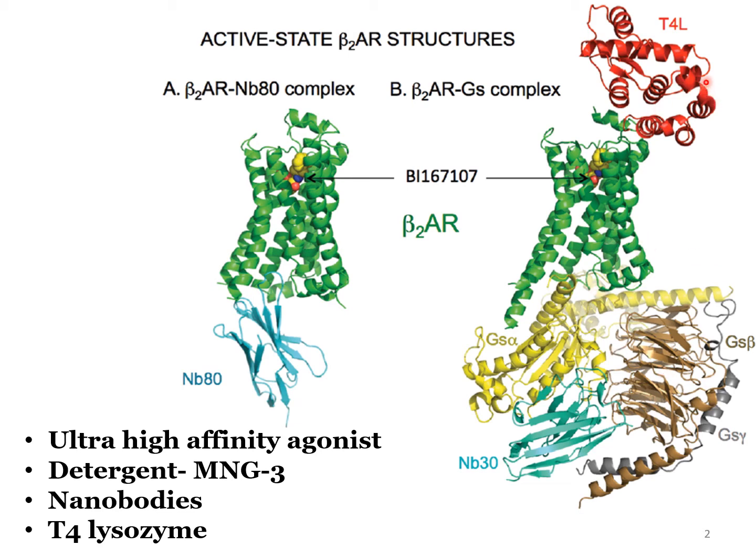And as I mentioned previously, T4L was an N-terminal T4 lysozyme fusion protein, which actually facilitated the crystallization process of this active beta-2 adrenergic receptor GS complex. So again, here I have summarized the four major factors that contributed to the determination of the crystallographic structures involving the beta-2 adrenergic receptor and trimeric G proteins.